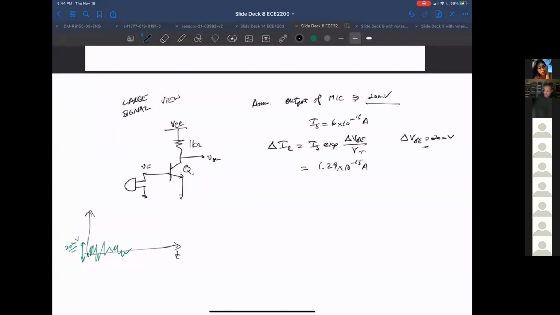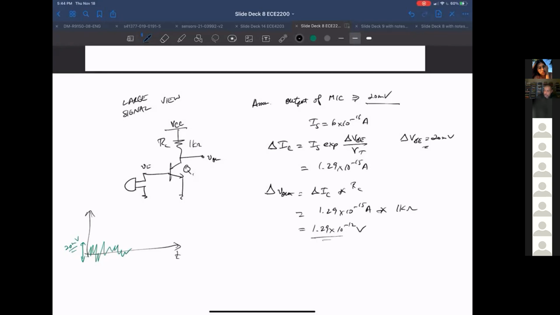Okay. So if I look at the change in V out, delta V out is going to be this delta IC times R sub C. So it's 1.29 times 10 to the minus 15 amps times 1 kilo ohm, and that is equal to 1.29 times 10 to the minus 12 volts.